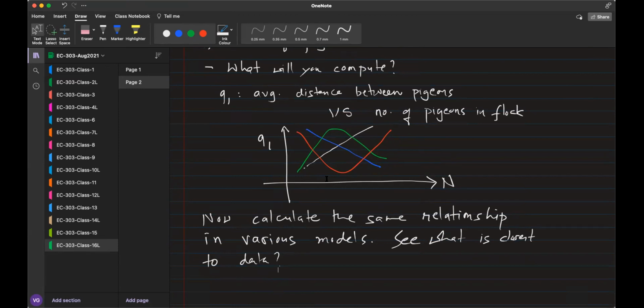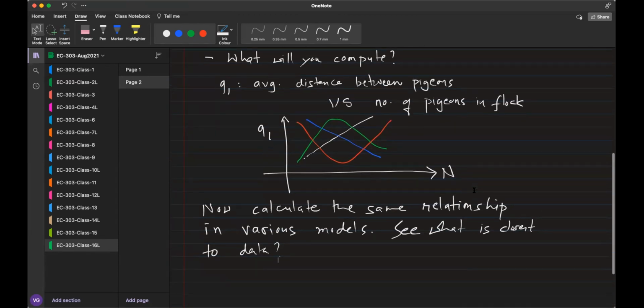Okay. So then you will find out that some model is closest. That is one possibility. For example, all the four models you consider may produce four different patterns, and only one of them will be matching the data best. That is one possibility.